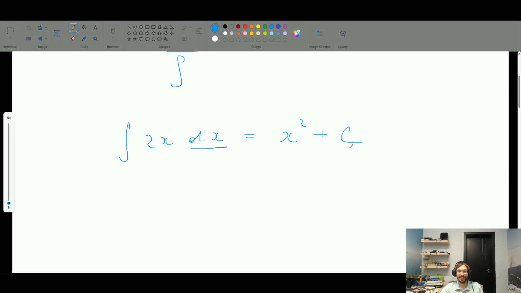So what is c? C is a constant which is written at the end of indefinite integrals. Indefinite integrals are those without numbers at the top and at the bottom of the integral sign.